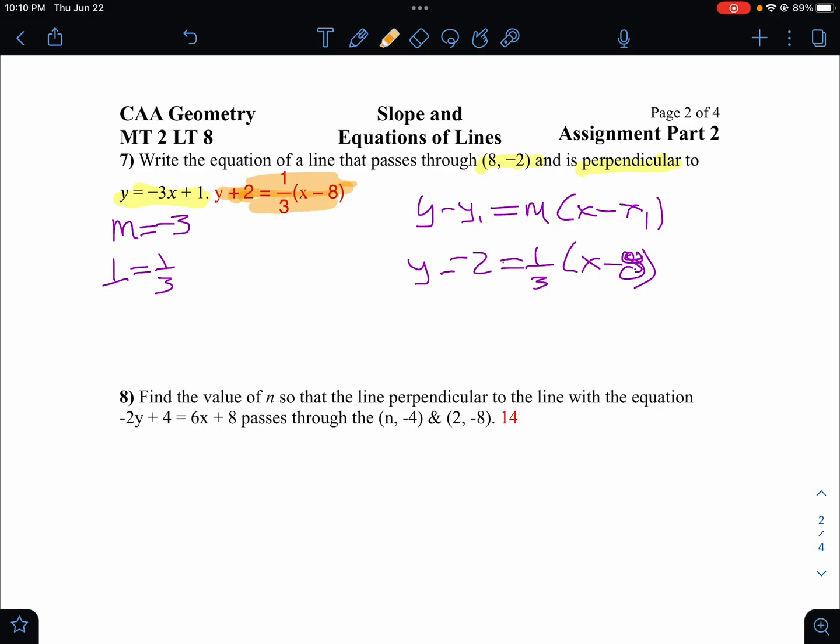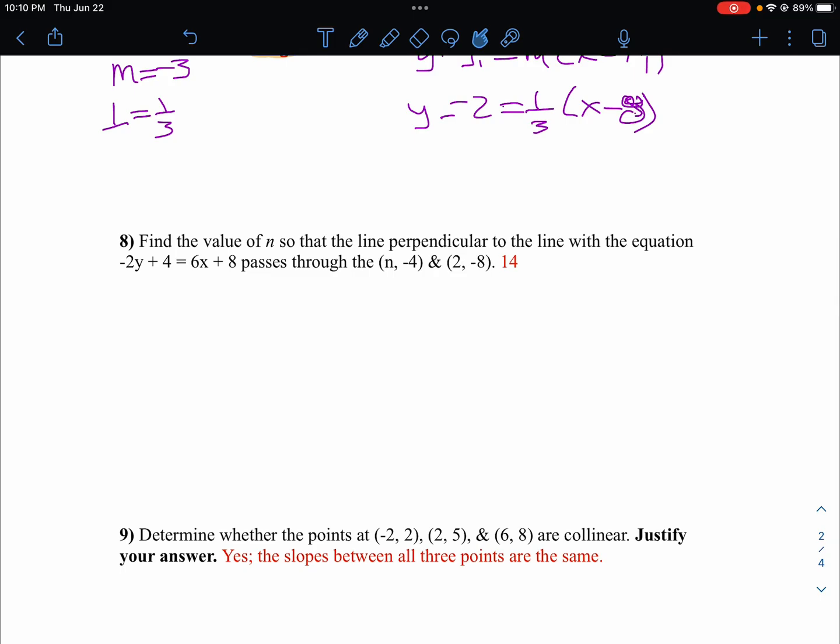Now, on number 8, a little bit more involved on this one. I will definitely be checking for your work on this question because you can't just write down an answer here. First off, we want to get y by itself, like we did on number 7, so we can find out the slope.